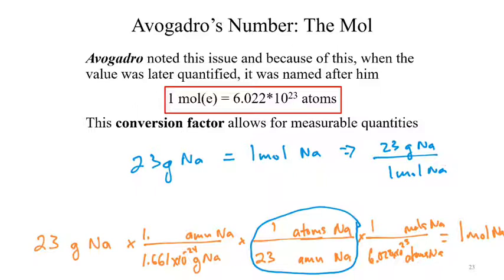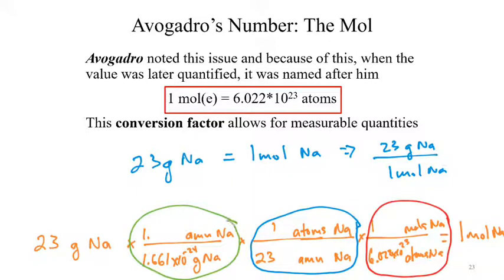So why would we do that? Avogadro's number is designed for the explicit purpose to get rid of the AMU to gram conversion. It is designed to completely inverse it so that we don't have to worry about it at all.